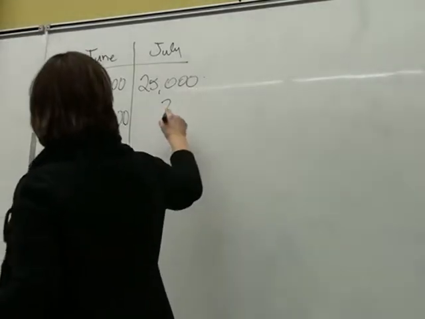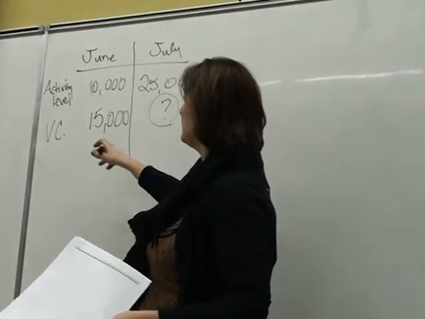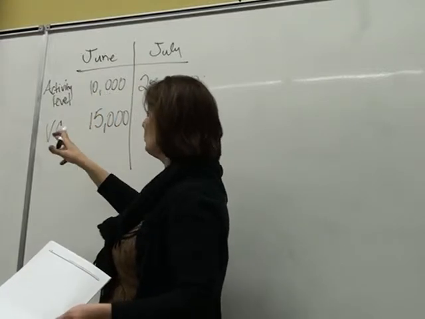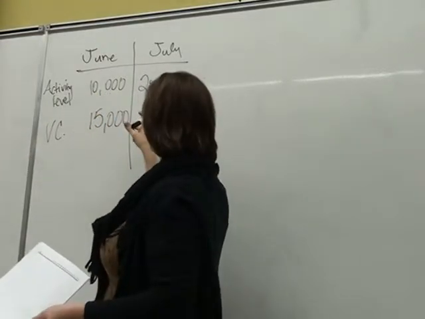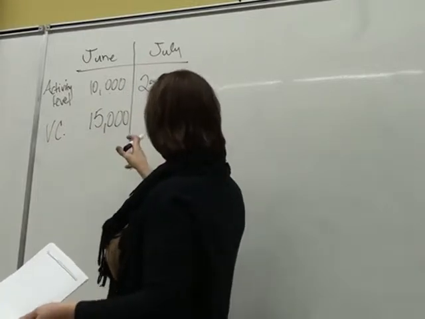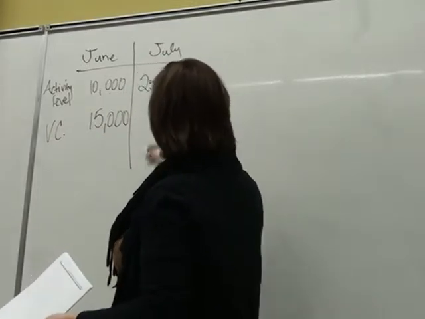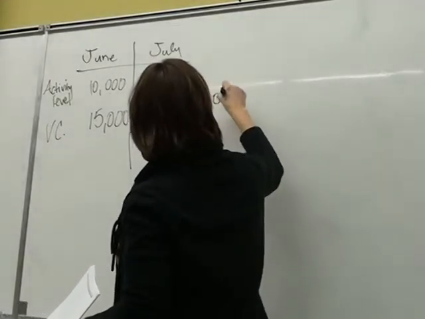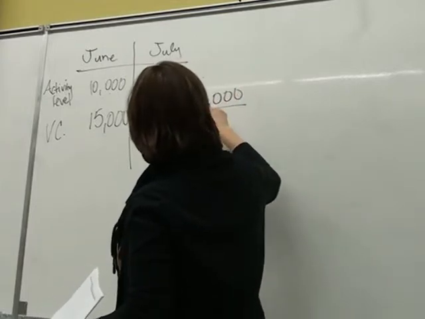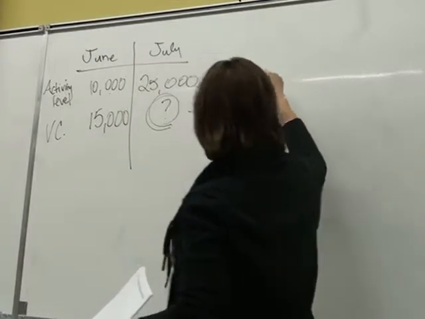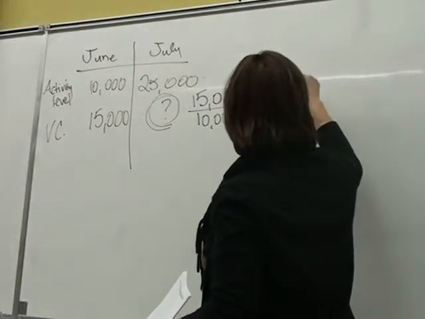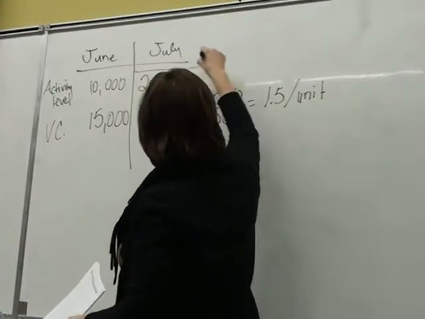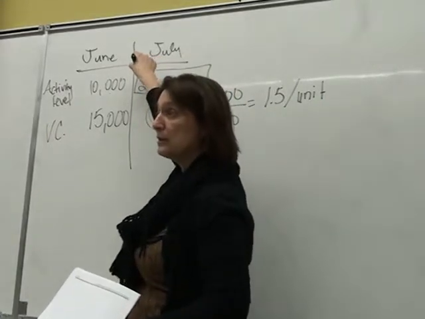So if you want to calculate this, the proportion will be the same as the activity level. So the way you figure this out is you take your variable costs, you divide them by your activity level, and that tells you what the variable costs per unit are. Per unit. So now you know that you're making 25,000 units.